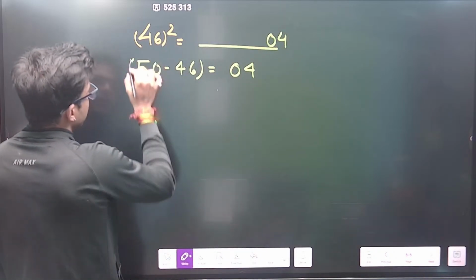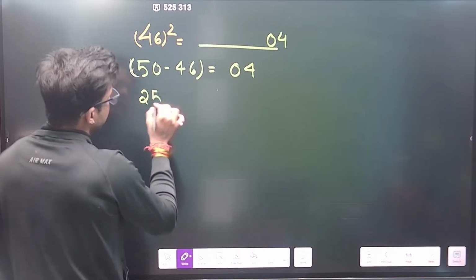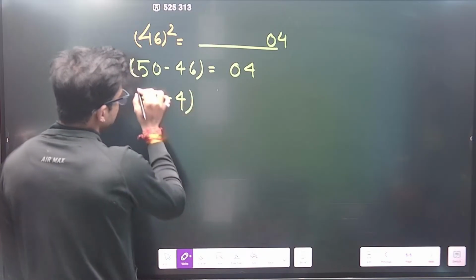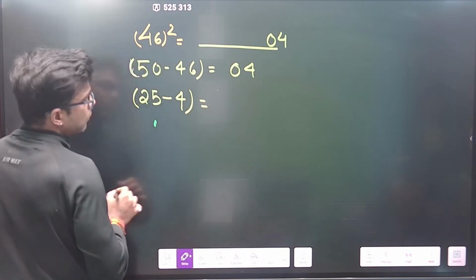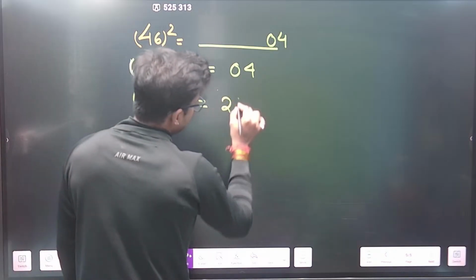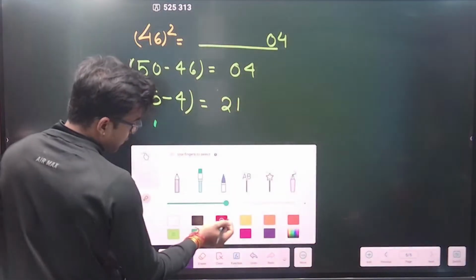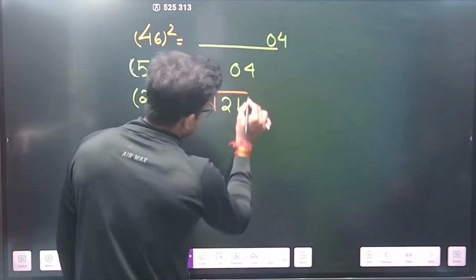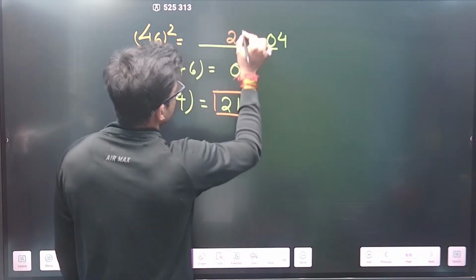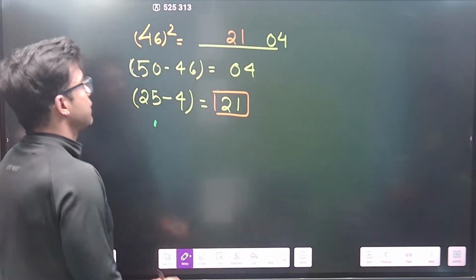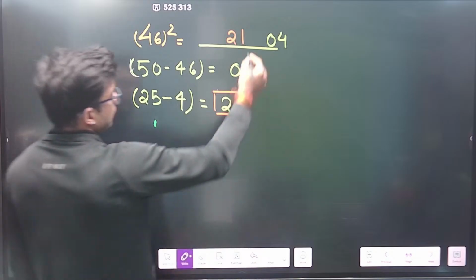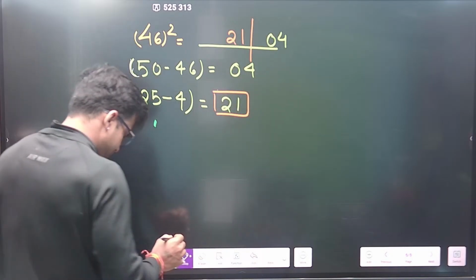Now again, 25 minus 4 is 21. So write down 21 at this place. So 46 ka square is 2104. You can just write it down.